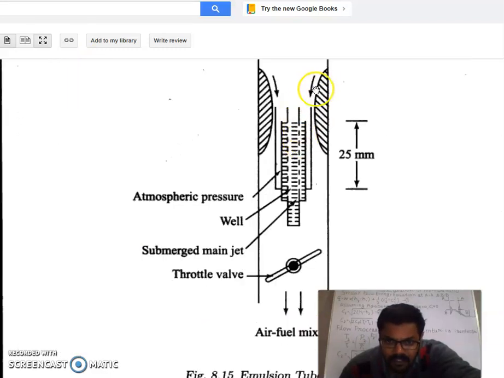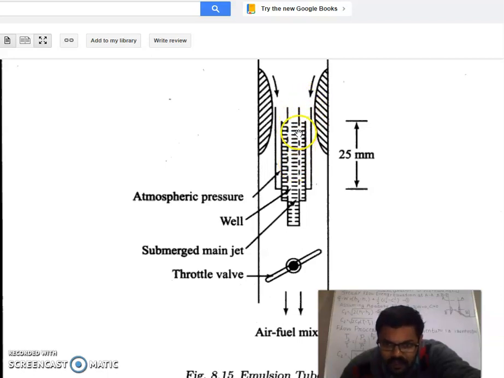So what will happen? The air will come, and the fuel will go with the air. The air will come from this side and it will carry the fuel to the engine. As the fuel level starts to decrease, it will uncover these holes. More and more air will now come, and the amount of air will increase.